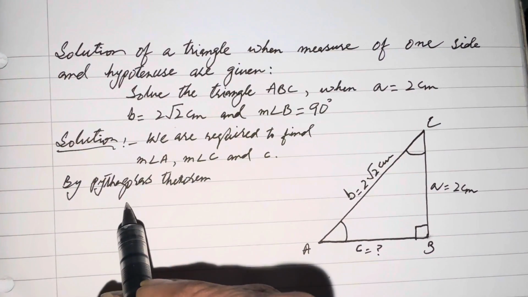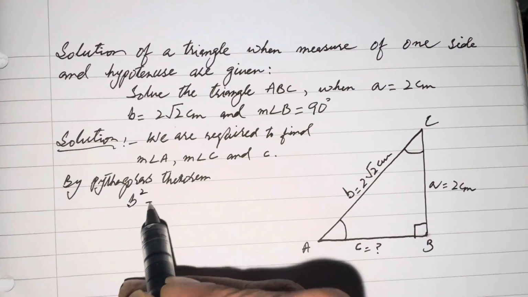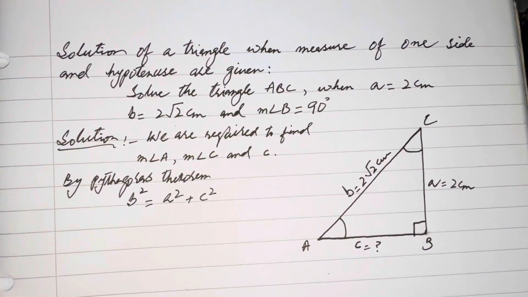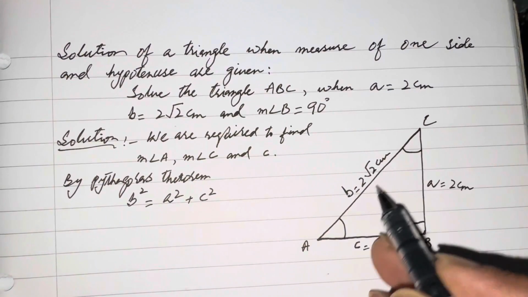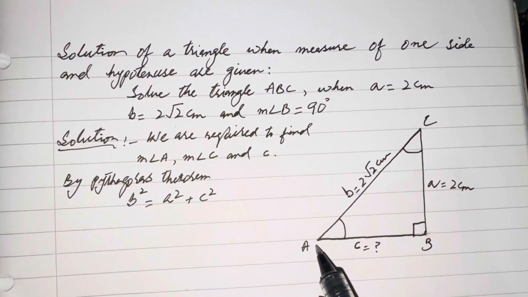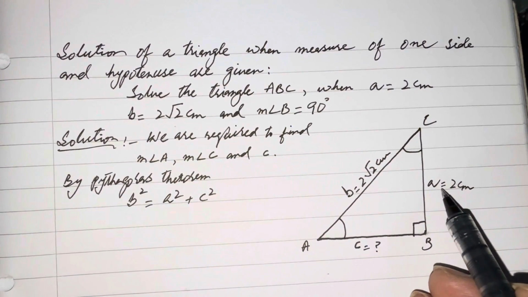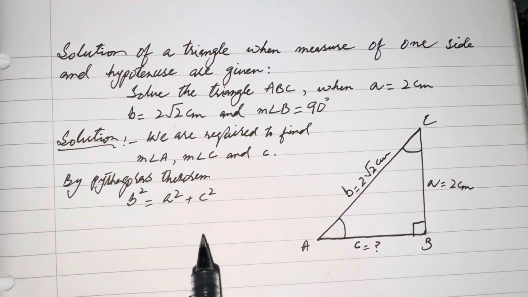So we can say that b square is equals to a square plus c square. So b square is representing the hypotenuse of the right angle triangle, and a is the opposite side and c is the adjacent side.